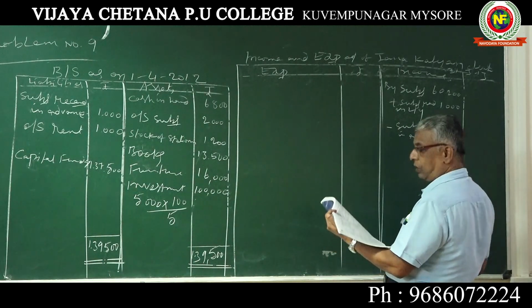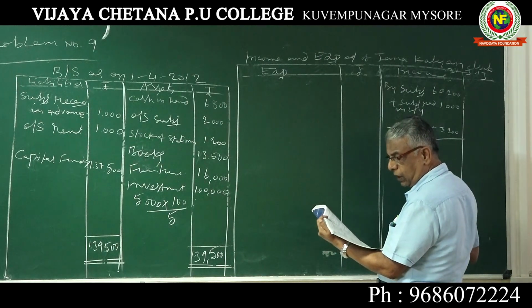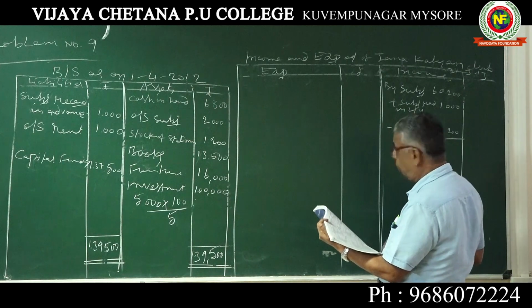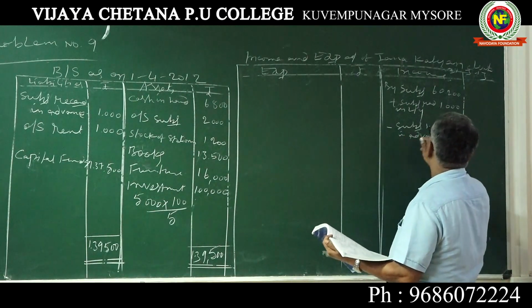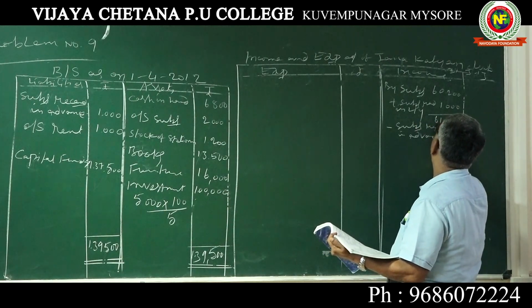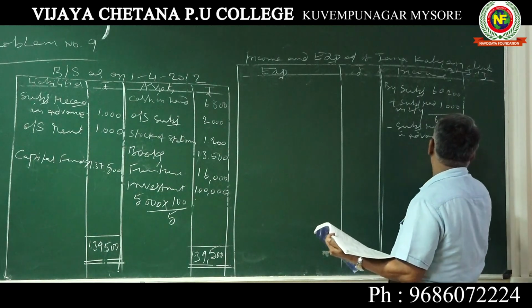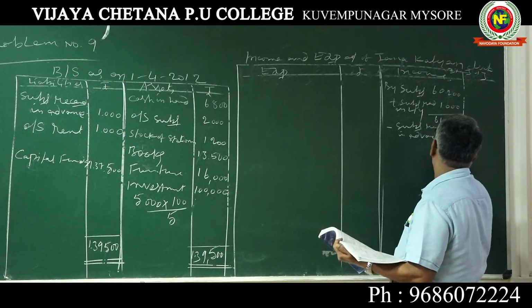Then 2,000 you have to less, and then outstanding subscriptions. So for the current year we have to show subscription 61,200. From this we have to less 3,200.